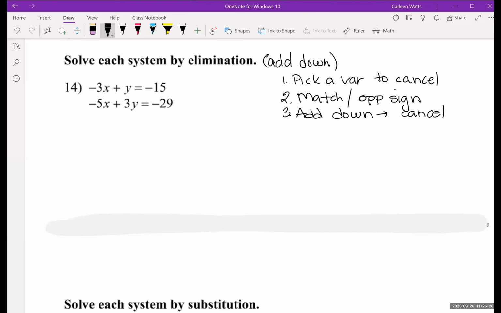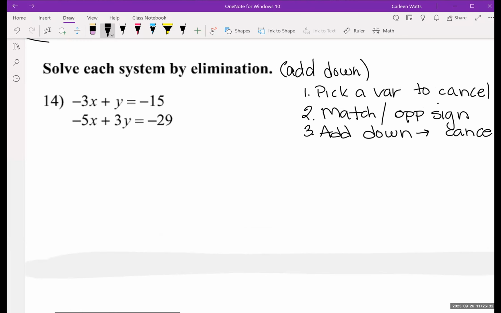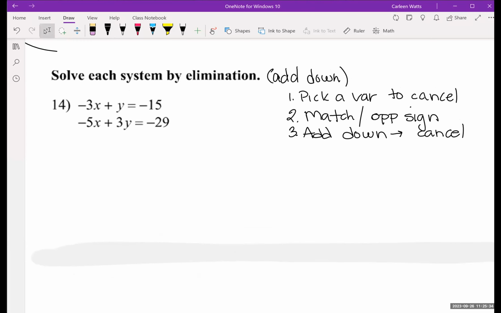Okay. Can you see that one of these is going to be much easier? One of these variables is going to involve less arithmetic than the other. Yeah. Can you see that for this problem, the y is the easiest to cancel? Everyone agree?